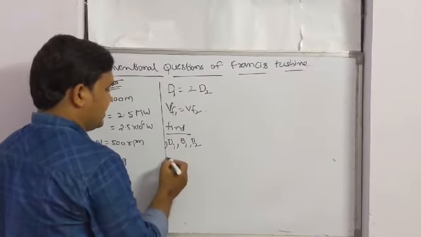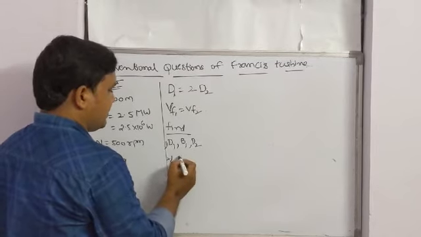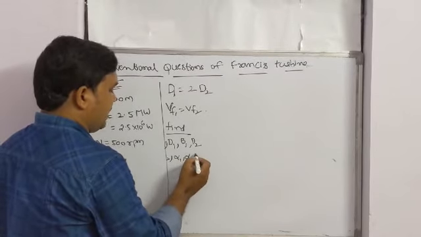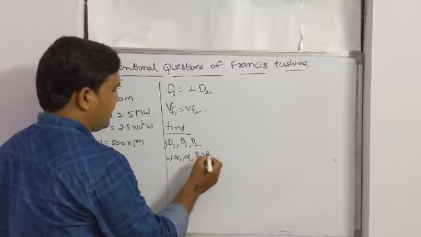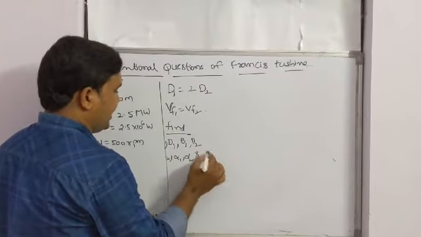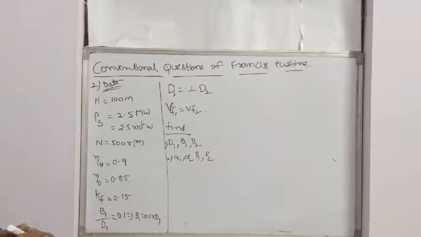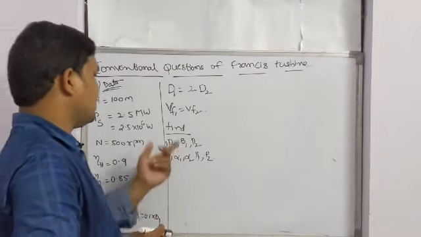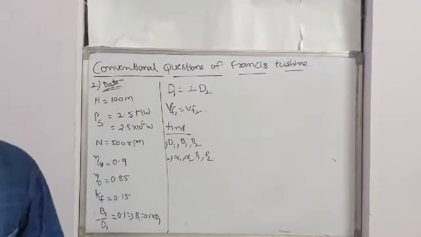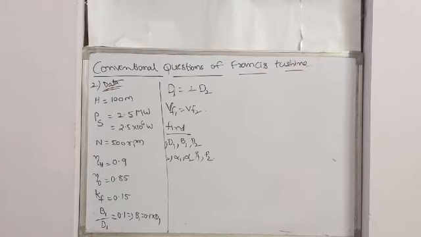These are dimensions. Then angles alpha 1, alpha 2, beta 1, beta 2. So we should find the dimensions of the runner blade as well as the angles. This is the data given, overall efficiency, everything is clear. So we will solve one by one.